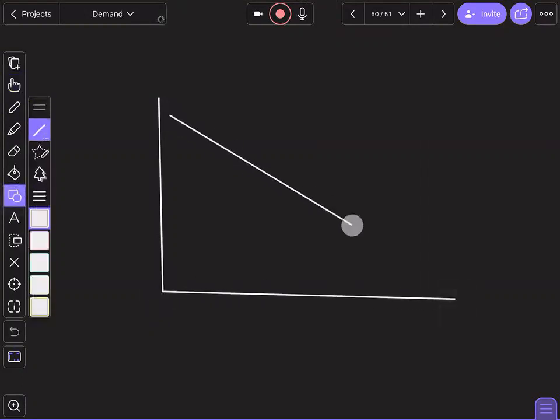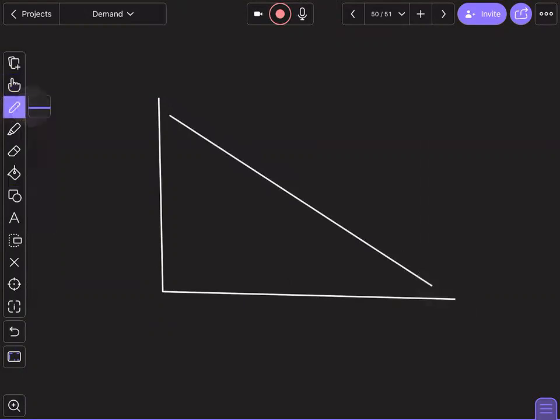The demand curve is like this. So we have price on the y-axis and quantity demanded on the x-axis. So this relationship is portrayed here.